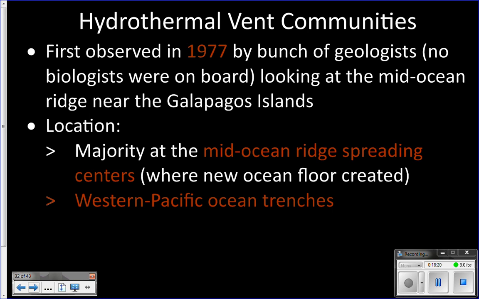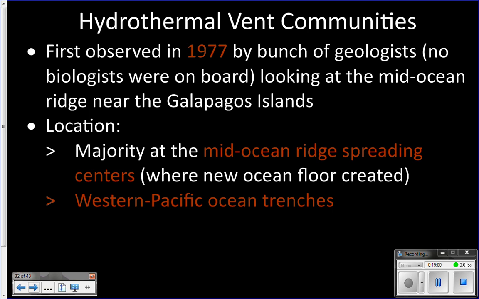So they were moving the ROV around in the deep sea around this mid-ocean ridge, and they were looking at the readings, and at a certain point, the temperature went from being freezing, because the deep sea's cold, right, about 4 degrees Celsius, to this huge temperature spike. So it was like something's going on here, because it got super, super hot. So they looked at where the temperature spike was, and then they looked at the picture that corresponded to that, and they discovered these hydrothermal vent communities, which were a brand new ecosystem that nobody had ever seen before, which is kind of crazy. They're found on the mid-ocean ridges.